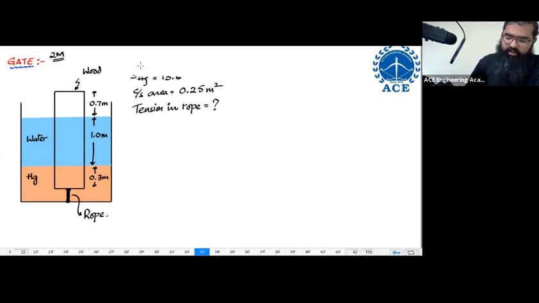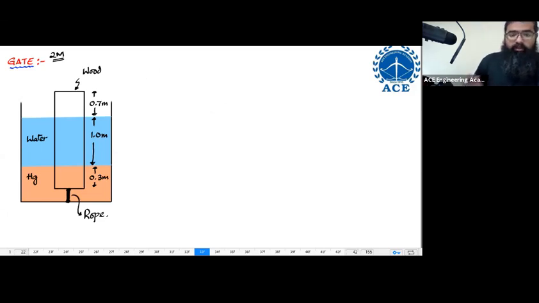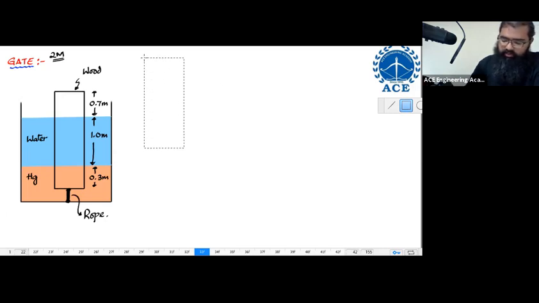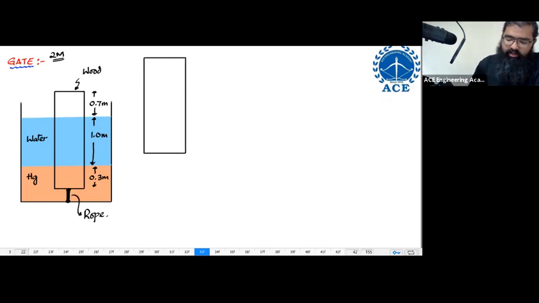I'm starting the solution now. First of all, I'm going to draw the free body diagram of this entire wooden block. So let us say the wooden block is something like this. First thing that I'm going to show on this wooden block is the weight.